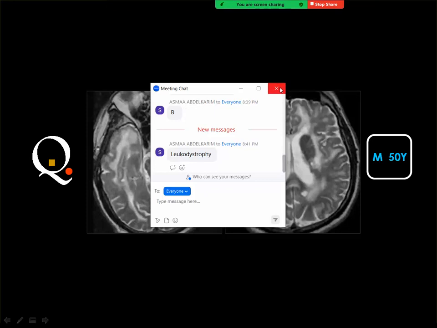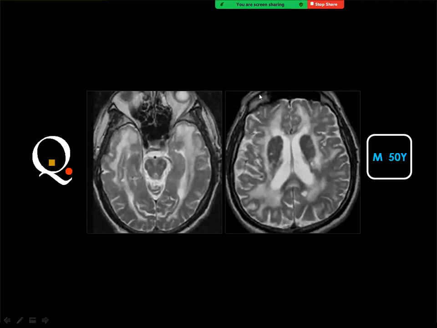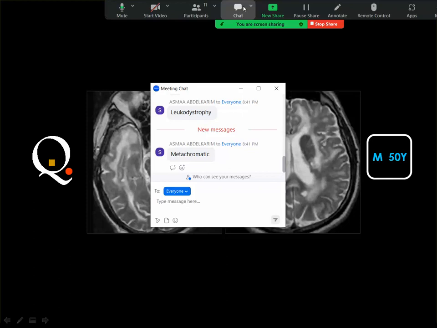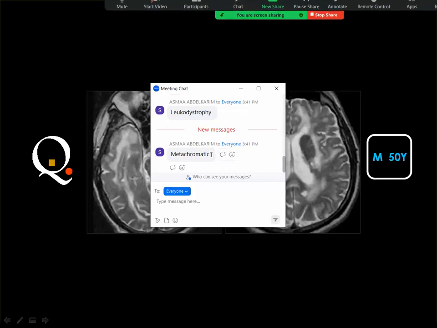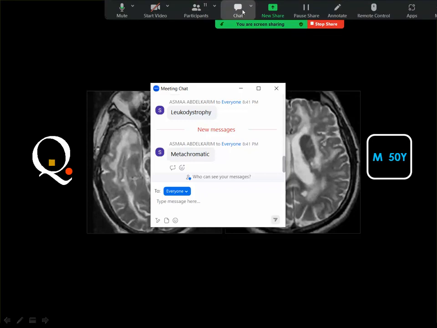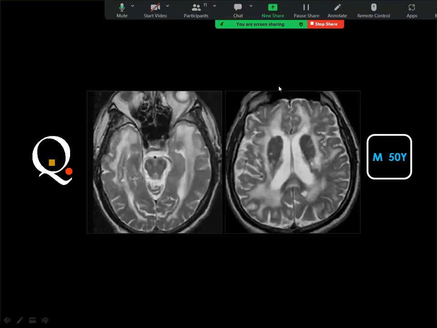Leukodystrophy is a disease of the pediatric age group, but in all patients, you think of ischemic changes in the white matter like subcortical. No, this is of course not metachromatic. The patient is very old for this diagnosis, but you think of ischemic changes.